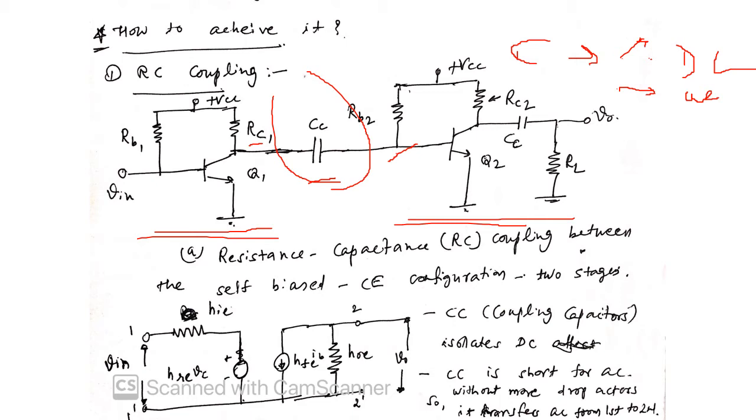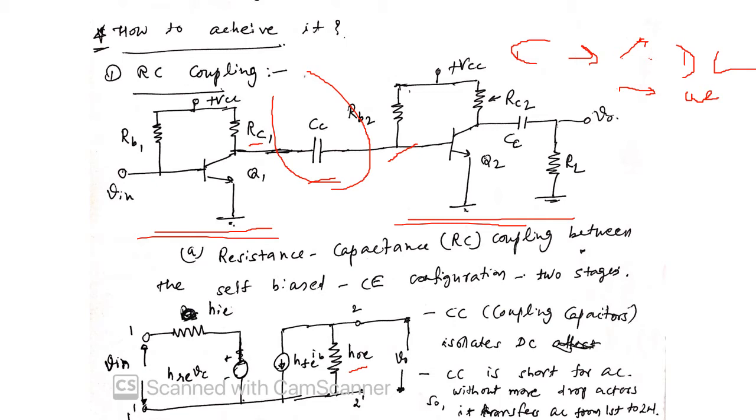If we look at the equivalent circuit, this is our hybrid model for the first stage, and similarly there will be a hybrid model for the next stage. On the output of the first stage, you can see there is HOE, which is the hybrid model output admittance parameter. Parallel to it, the transistor has been replaced by the hybrid model.